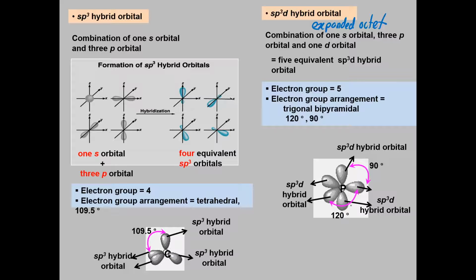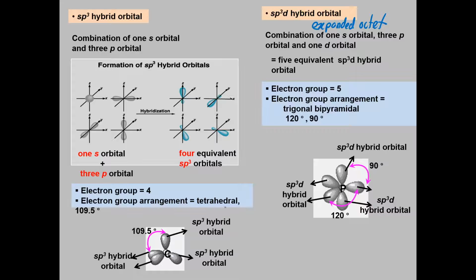Okay, contohnya phosphorus ni. Okay, dia adalah bentuk trigonal bipyramidal. So why dia boleh buat jadi bentuk trigonal bipyramidal?